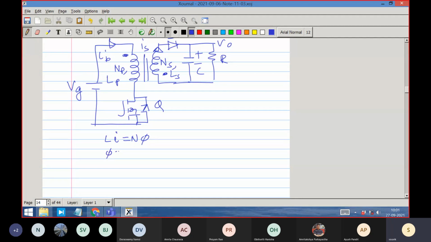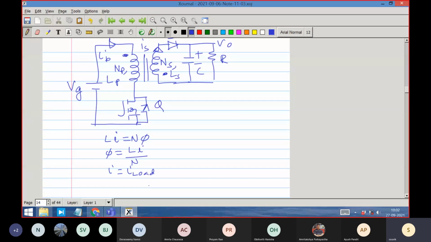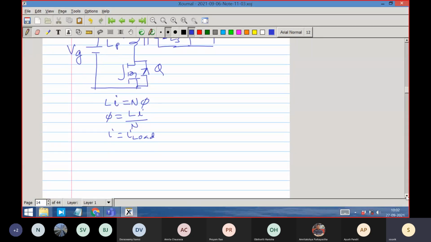So phi is equal to Li by N, and here I is equal to I load, we can say. So that way the flux level is shifted up, but there is a ripple over the flux level.